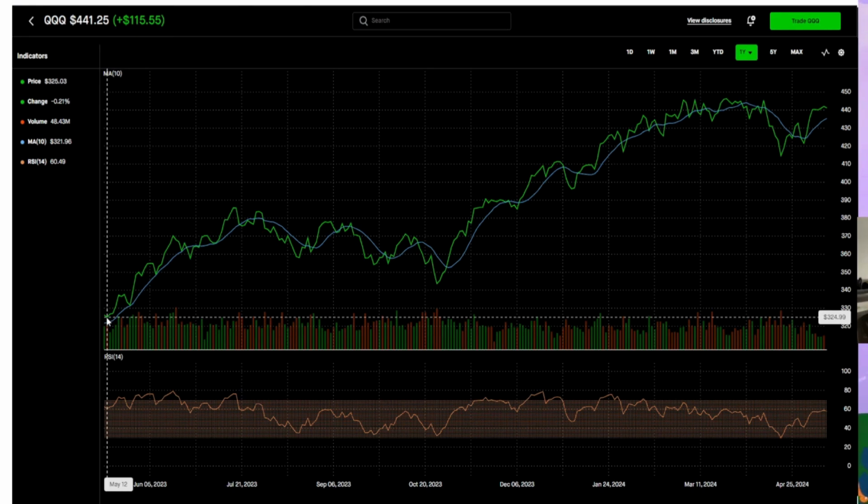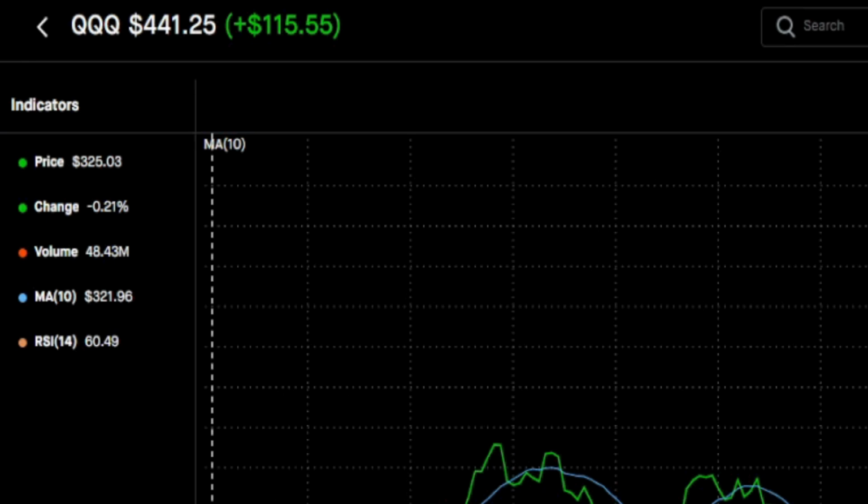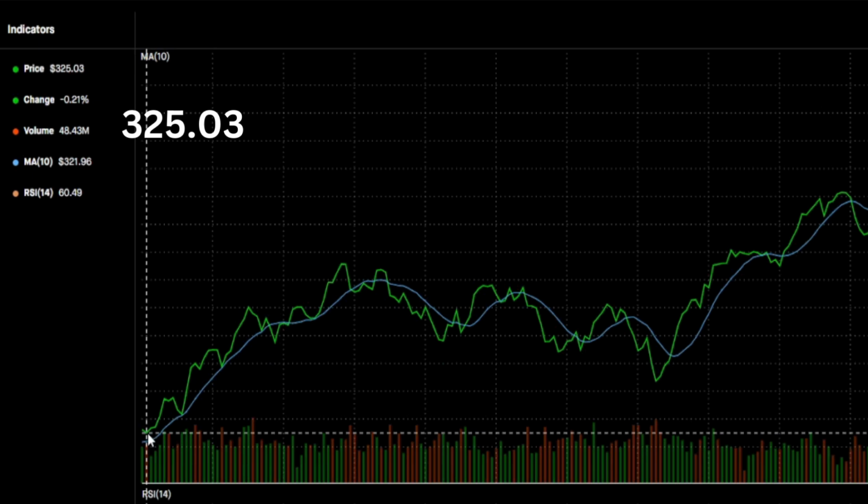For the past year we can see QQQ has been rising, and the price a year ago was 324.99, or let's just say $325 per share.